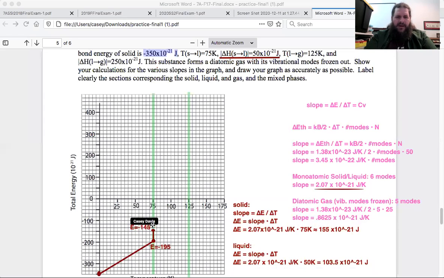So from the negative 145, we add, let's just round that off to about 104. Negative 145 plus 104 is going to be negative 41.